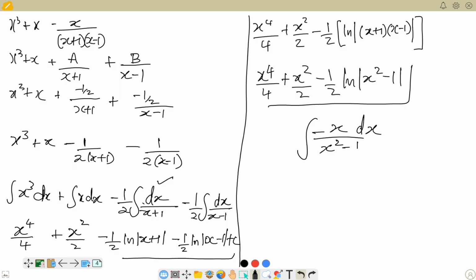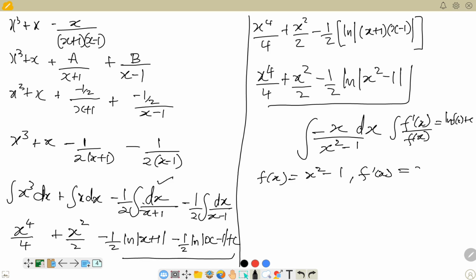If they say integrate, it's advisable that we just integrate it directly, because you will just use the ln, which says that if you have an integral of f prime x over f of x, you're just going to get ln f of x plus c. So from here, we can see that our f of x is actually x squared minus 1, and our f prime x is 2x.